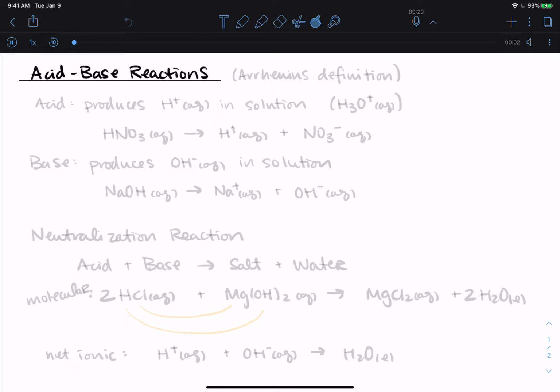One type of reaction that we need to address explicitly are acid-base reactions. So for acids and bases, we are going to, just for now, look at the Arrhenius definition for these two types of molecules.